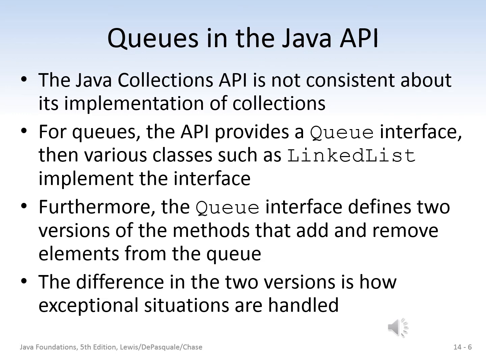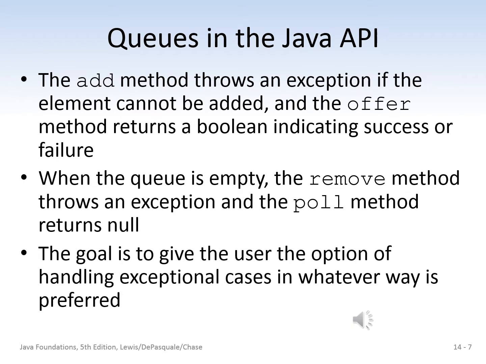The difference in those versions is how specific situations are handled, which we will drill down on in this lecture. There's a method named add, and it throws an exception if the element cannot be added. And there's also a method named offer that returns a Boolean indicating success or failure when trying to add an element to a queue. When the queue is empty, the remove method will throw an exception, and the poll method returns null.